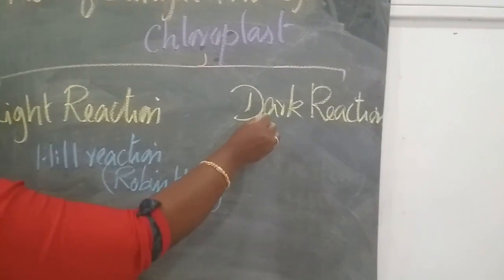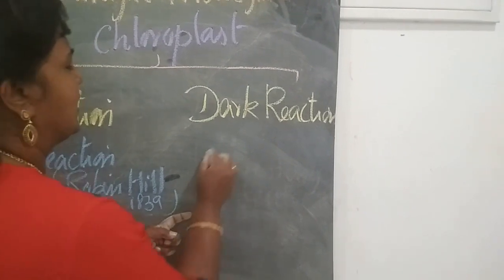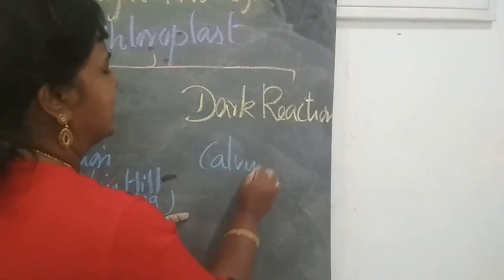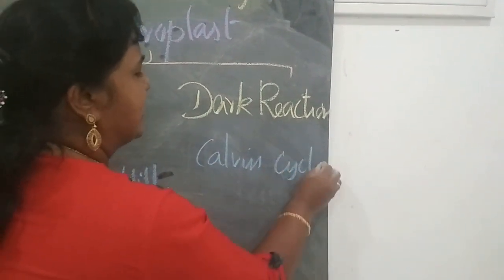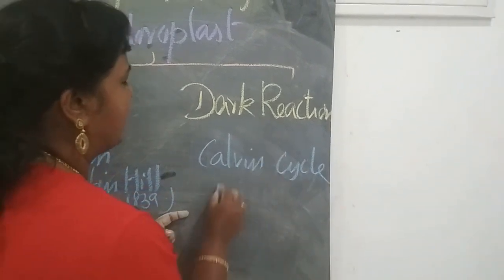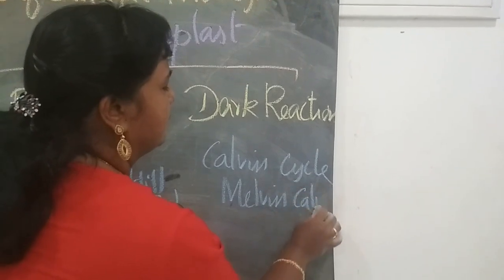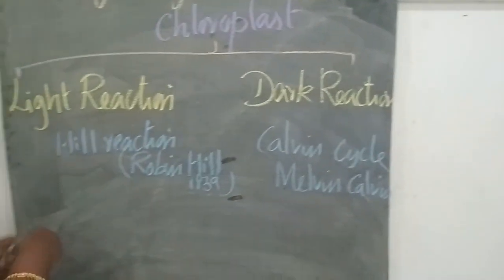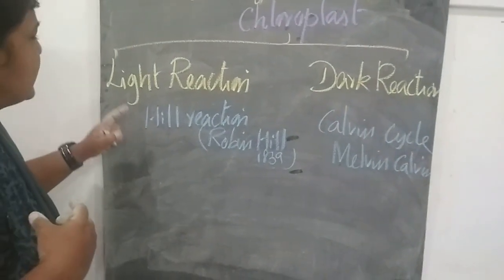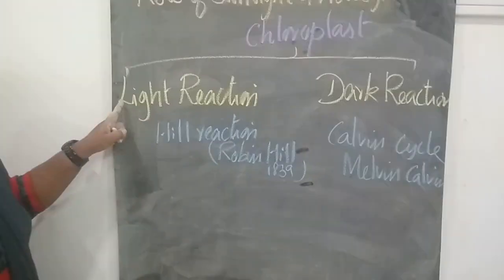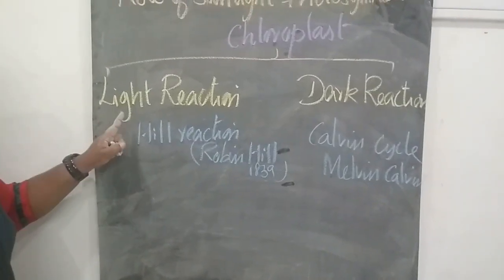This dark reaction is also called Calvin cycle, because it was first discovered by Melvin Calvin.